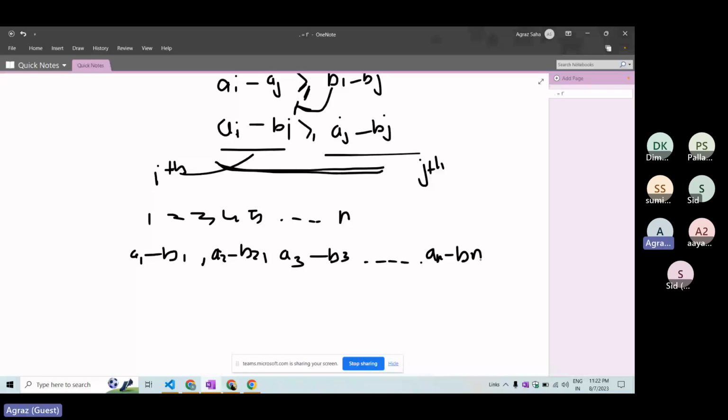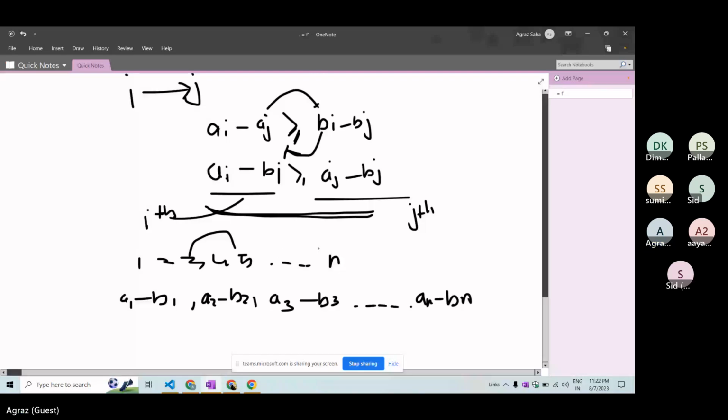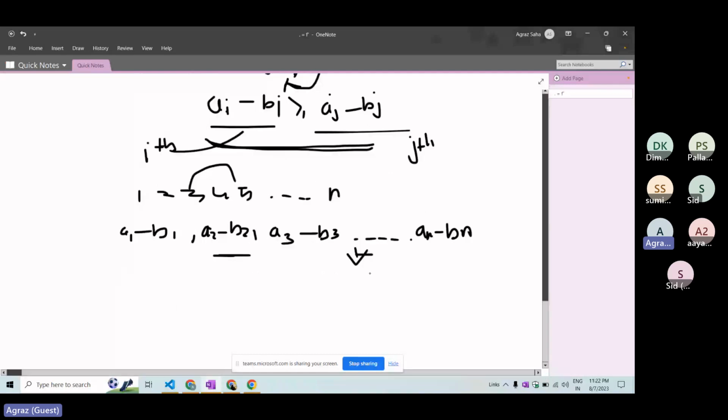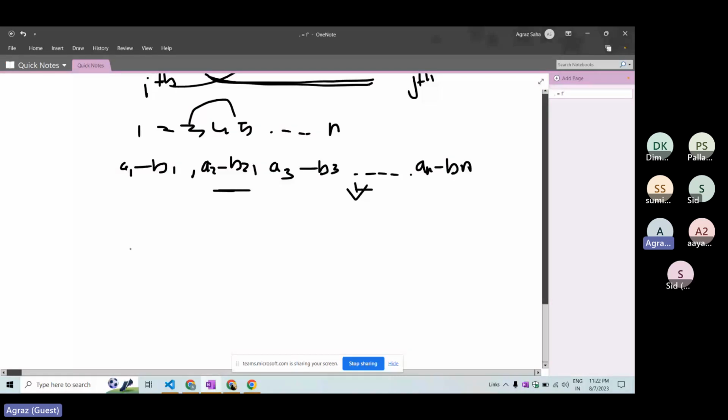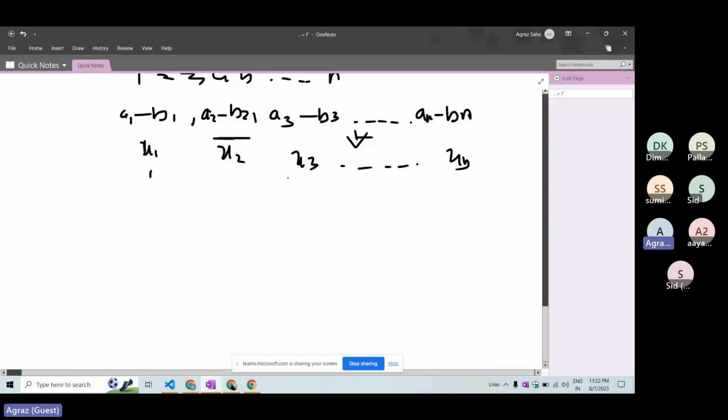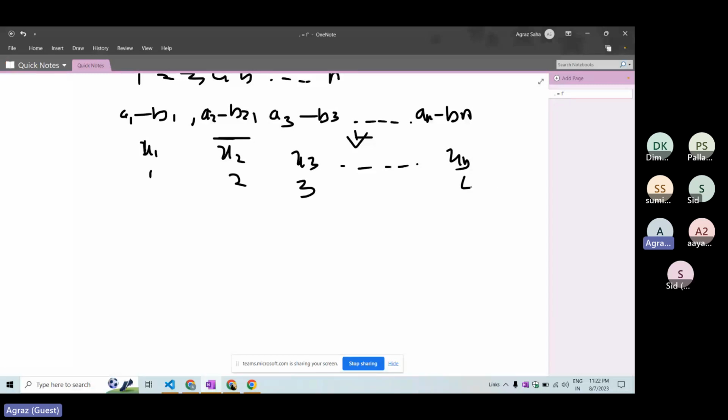Now it is said that some vertices are connected only if this is greater than or equal to this, of course. So what I can do is call these values x1, x2, x3, x4, with indices 1, 2, 3, and 4.